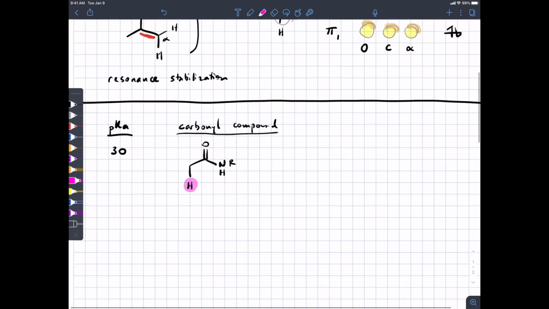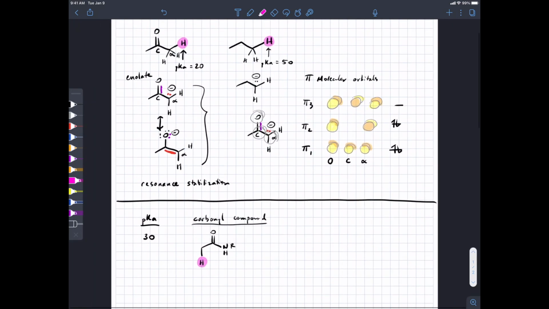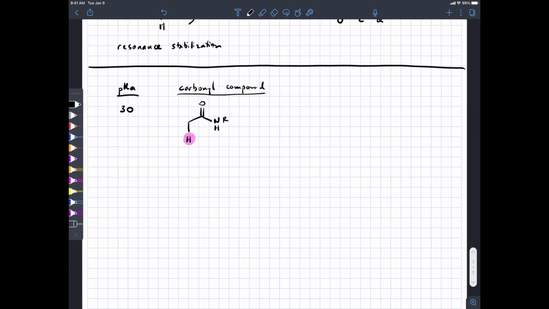The pKa is 30, so notice relative to the ketone I showed you earlier, that's about 10 billion times less acidic. Okay. Then if you go to the ester, the pKa of that alpha proton is 25.